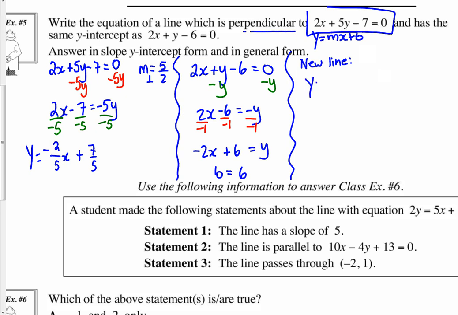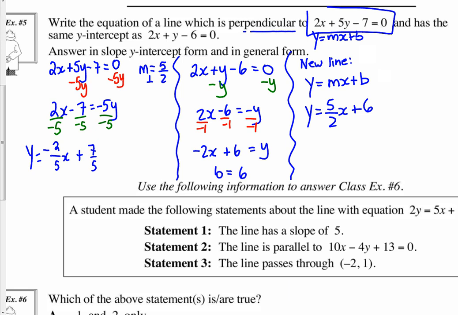You always have to start with y equals mx plus b. General form is never a form you could just plug numbers into. You have to create it by rearranging the formula. Okay, so our equation is y equals, what's my slope? 5 over 2x plus 6.